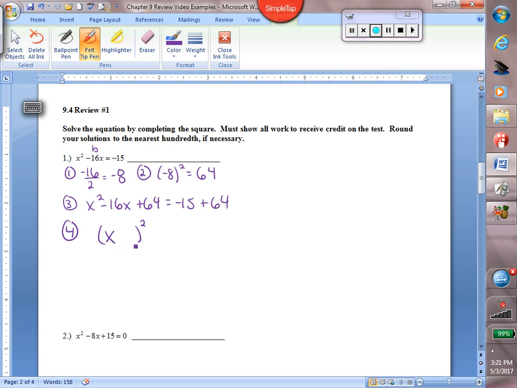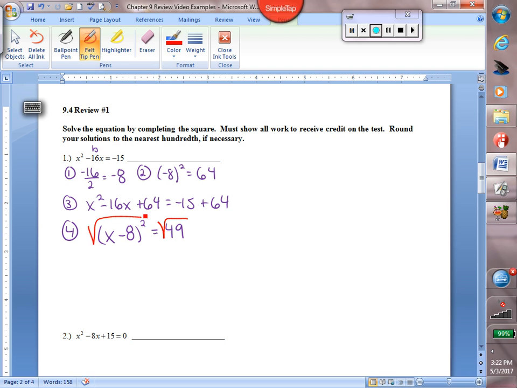The number that joins x inside the parentheses is the same one as when we did b divided by 2. The negative 15 plus 64 is 49. Now from here we need to solve using our square roots.